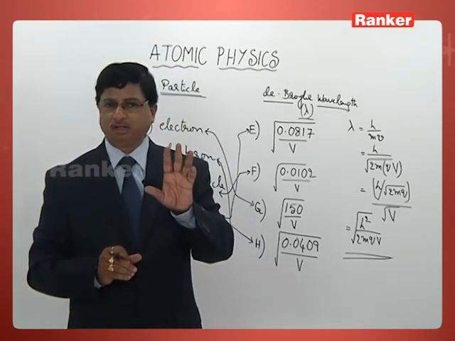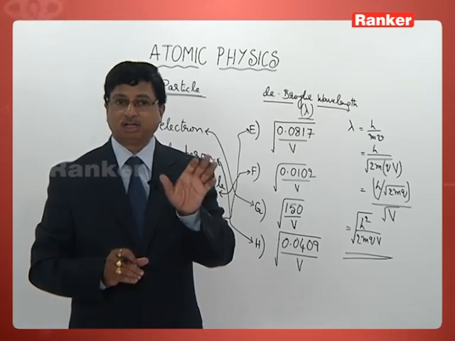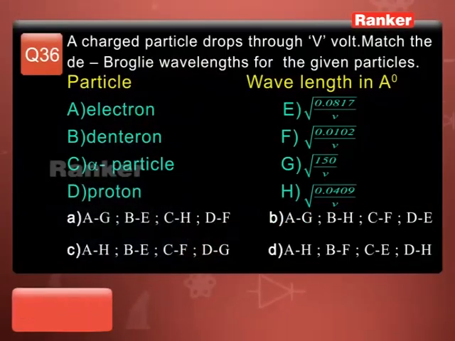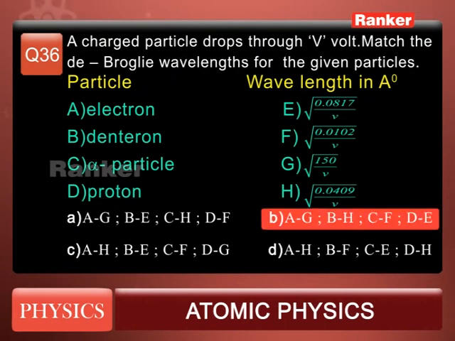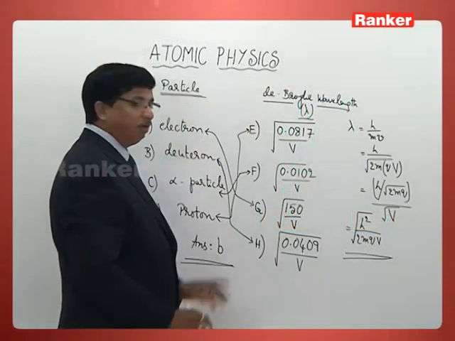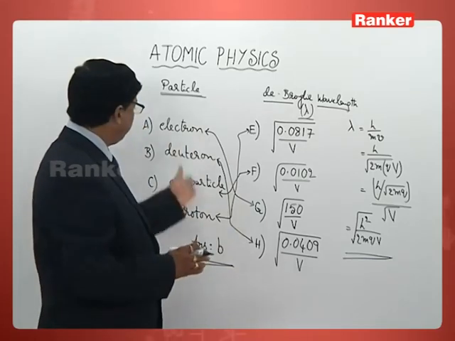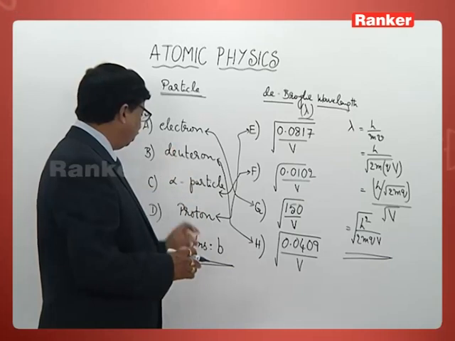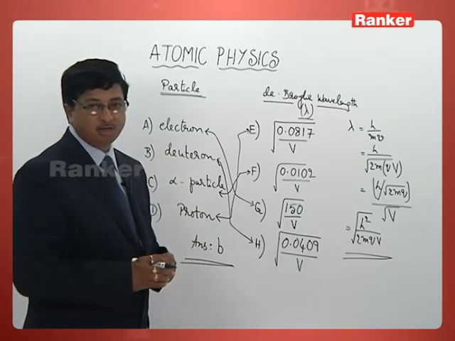So what is the correct version? The correct match is going to be the second option. So directly you can understand the answer for this particular question is going to be B. So better remember these four values for de Broglie wavelength, at least for four particles: electron, proton, deuteron and alpha particle.